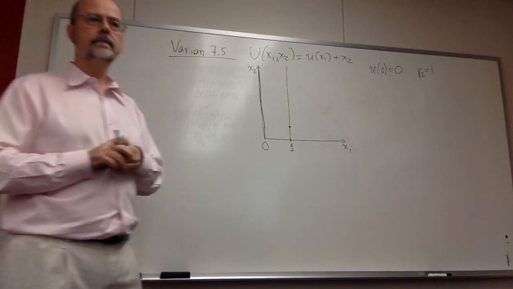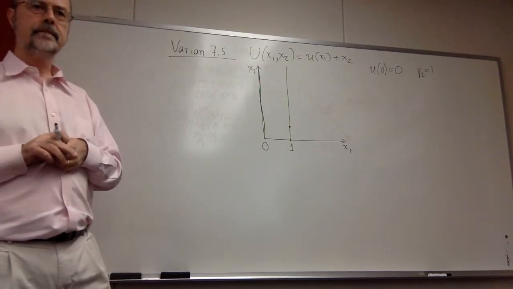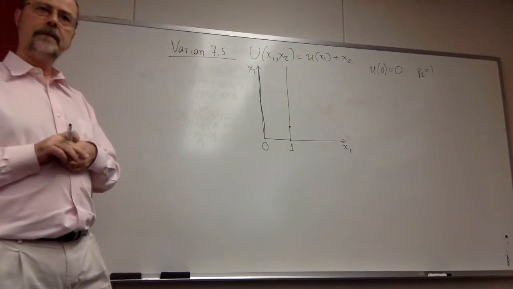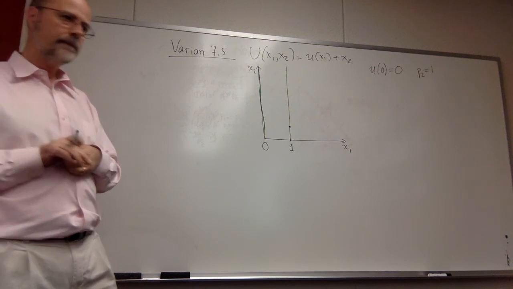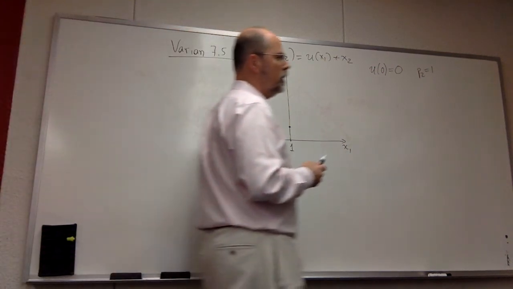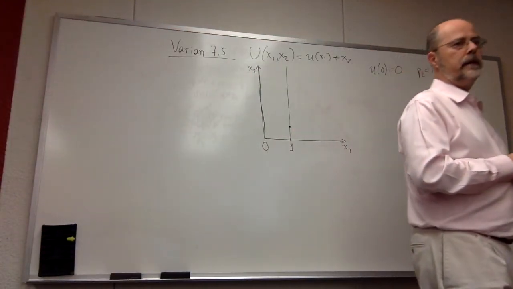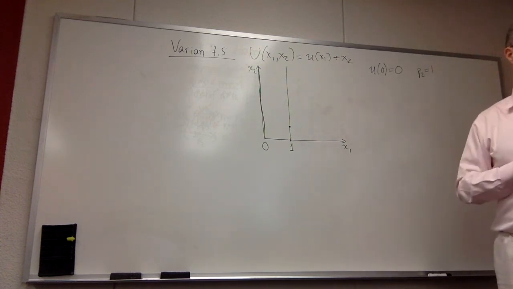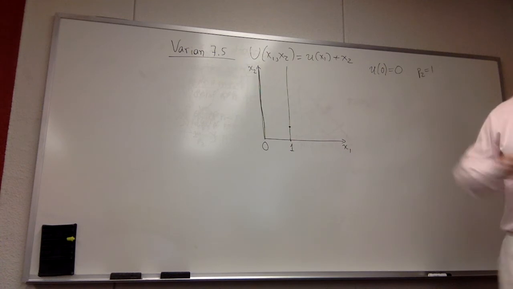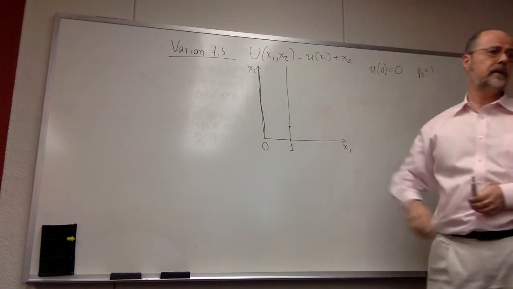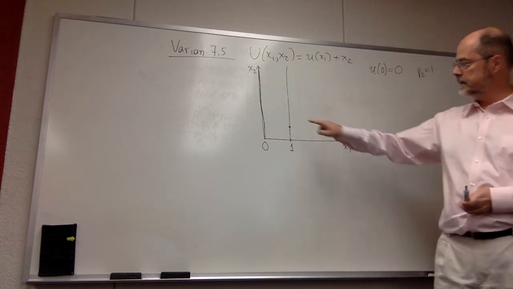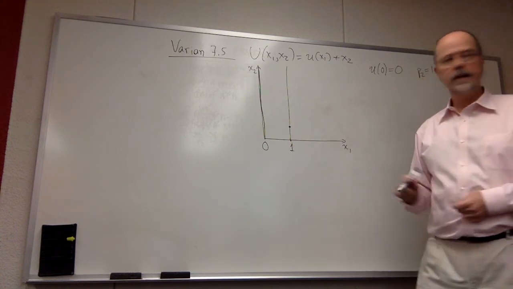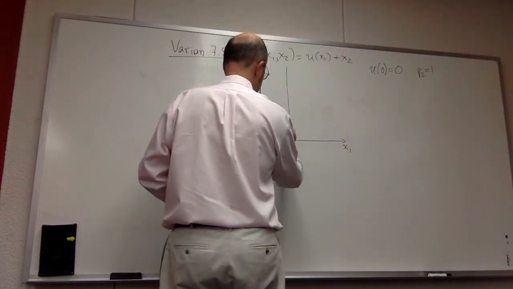Start here, right? Okay. I want to know, is there any other consumption bundle in my consumption set, consisting of this half line and that half line only, that is indifferent to this? So this comes with some amount x2.